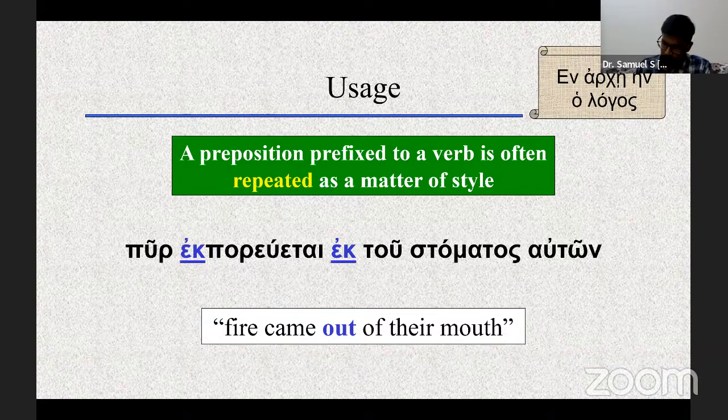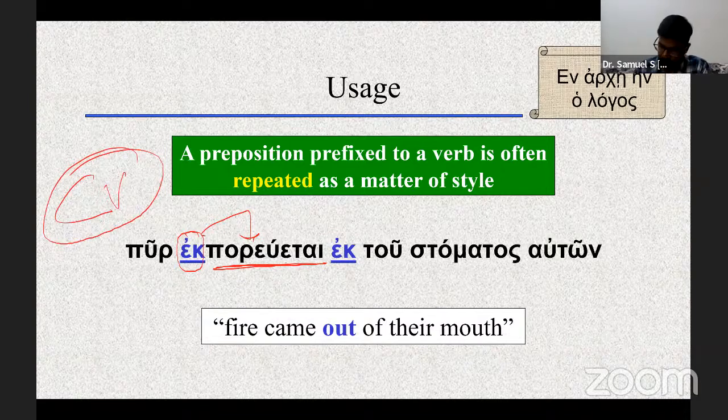But what is happening here? The preposition is prefixed to the verb. So this is a compound verb. We just studied this. The ek is again repeated here, right after this. You just said ek, out from, comes out from.